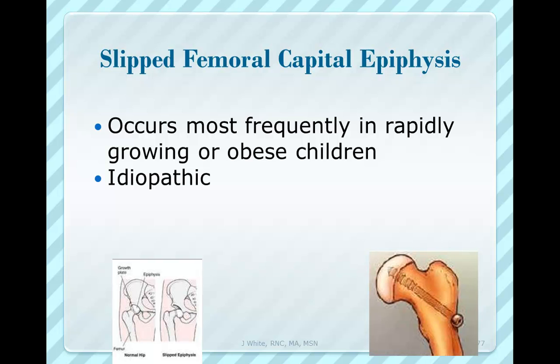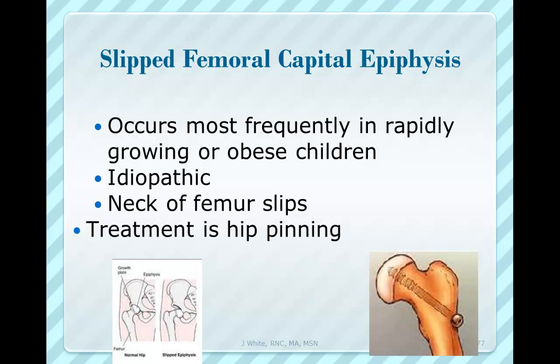And again, both of these are those conditions that occur in that age, usually of 10 and 12-year-olds when we see it most often. They're idiopathic. We don't know a cause of it. But the head of the femur just slips. If we don't pick it up and treat it, it could continue to slip and eventually separate. And so you need a new femur.